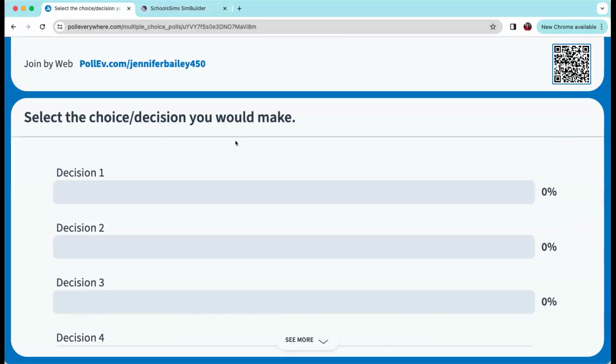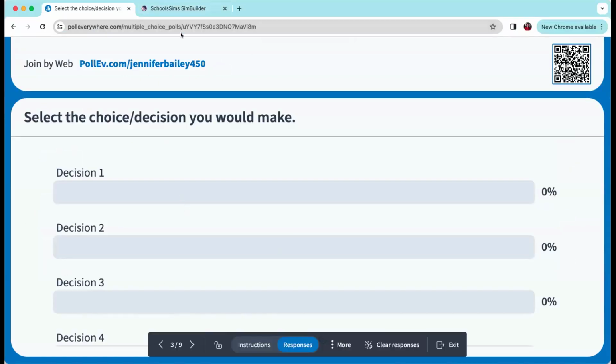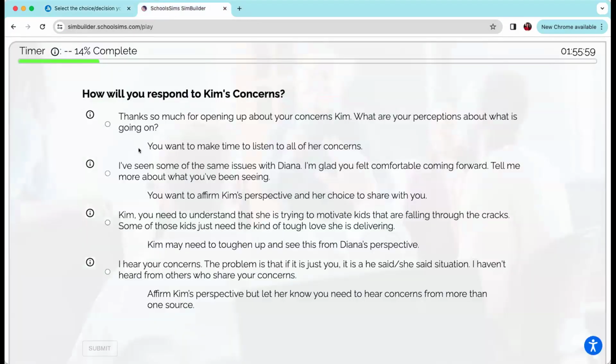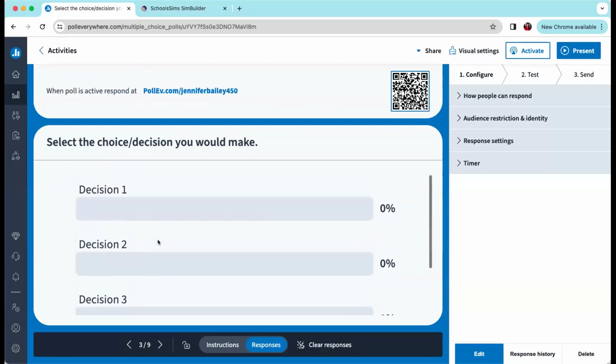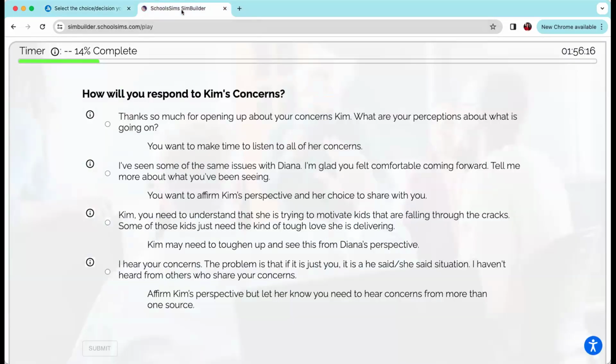So if you look at these choices, we have choice 1, choice 2, choice 3, and choice 4. That is what I do to let them vote and then make a decision. Then we go with a group decision and move on. Some people may not agree, but we do the consensus when we're doing it as a whole group.